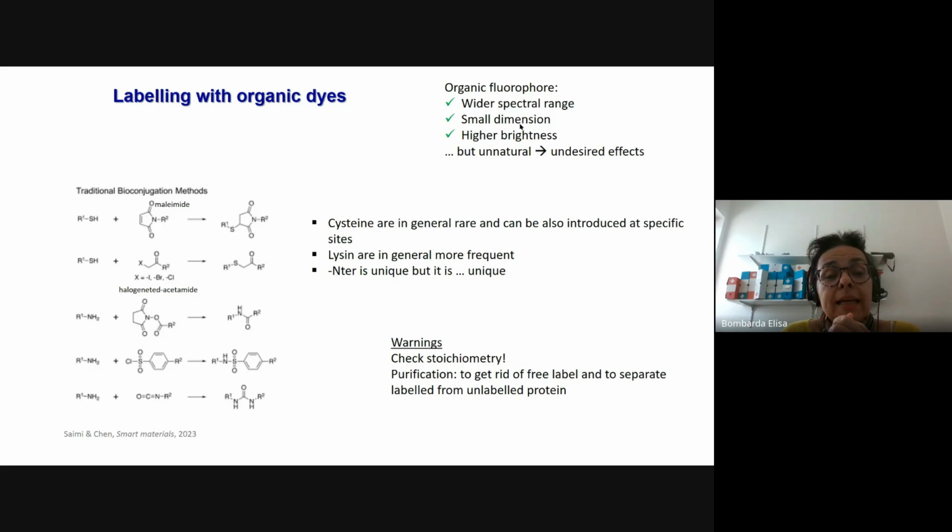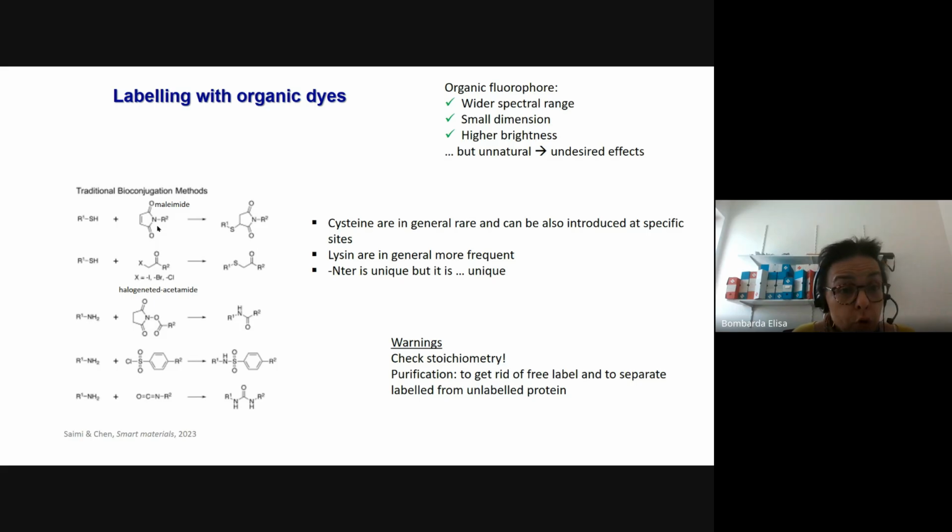So how can the protein be labeled with the organic dyes? These are the traditional bioconjugation methods. In particular, the dye can be synthesized with the maleimide group. That is something that can be done in the lab, so it's okay.